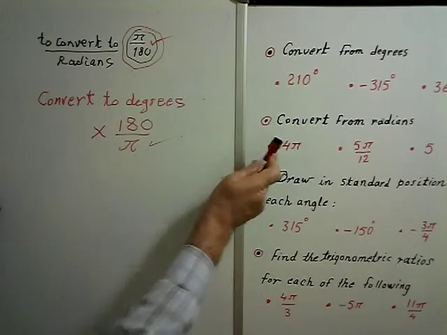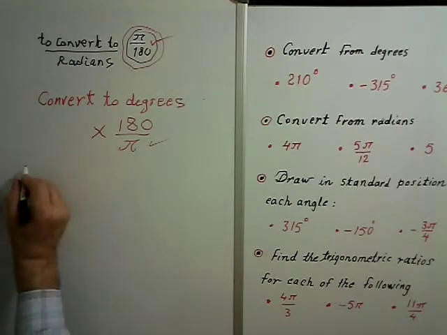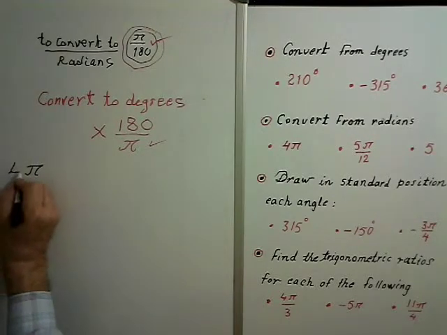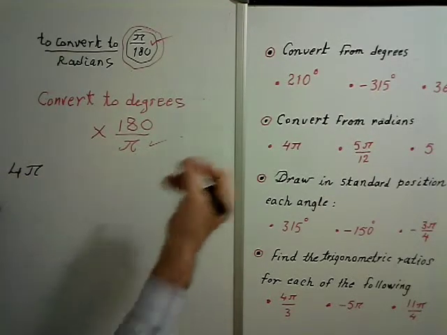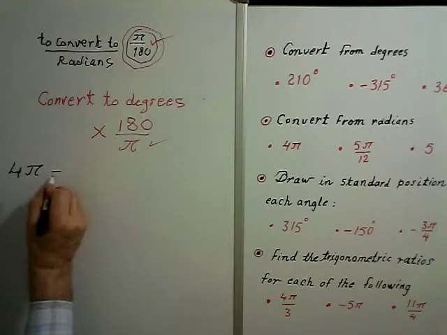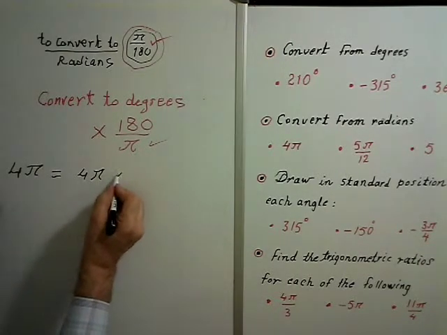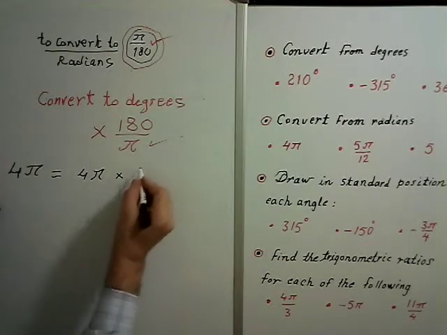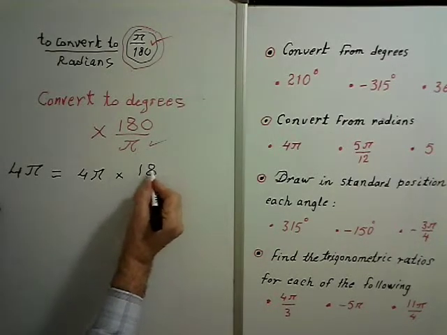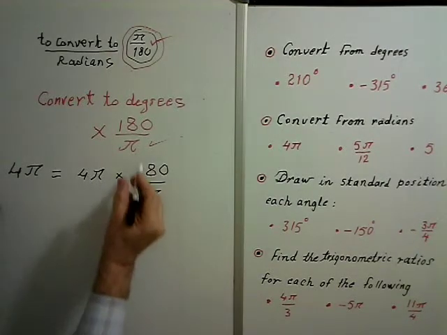Let us do the first angle, 4 pi. We need to convert it into degrees. So 4 pi times 180 over pi, which is this ratio here.